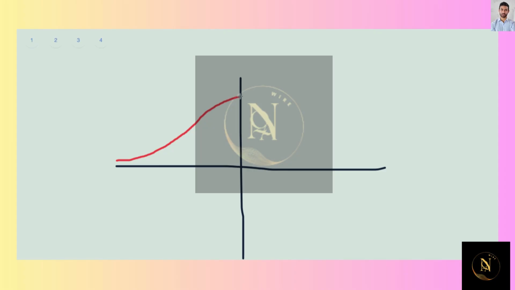Now we start decreasing after 0, and you come down and it goes off toward 0. The peak is supposed to be at 0. Sorry if that wasn't clear enough, but this is the graph of f of x, and it's symmetrical. That's it.